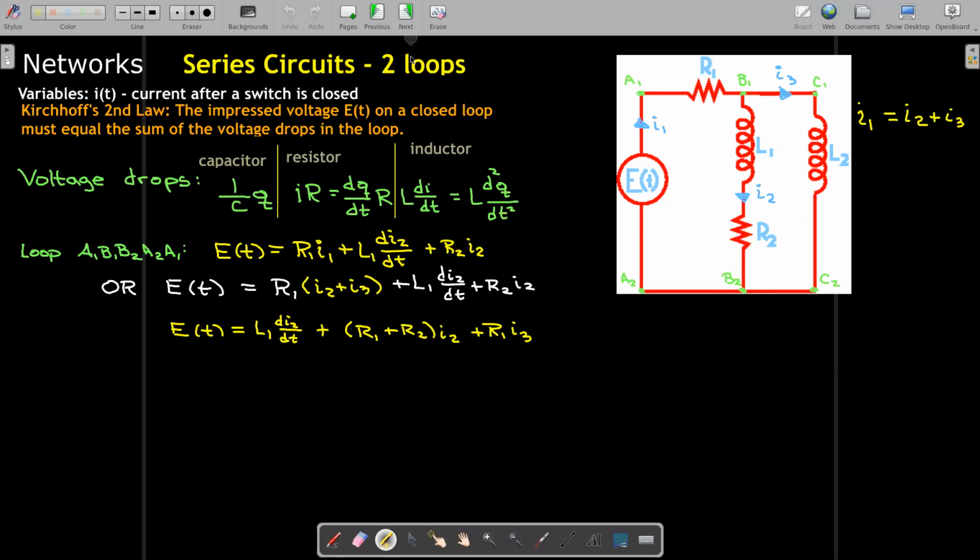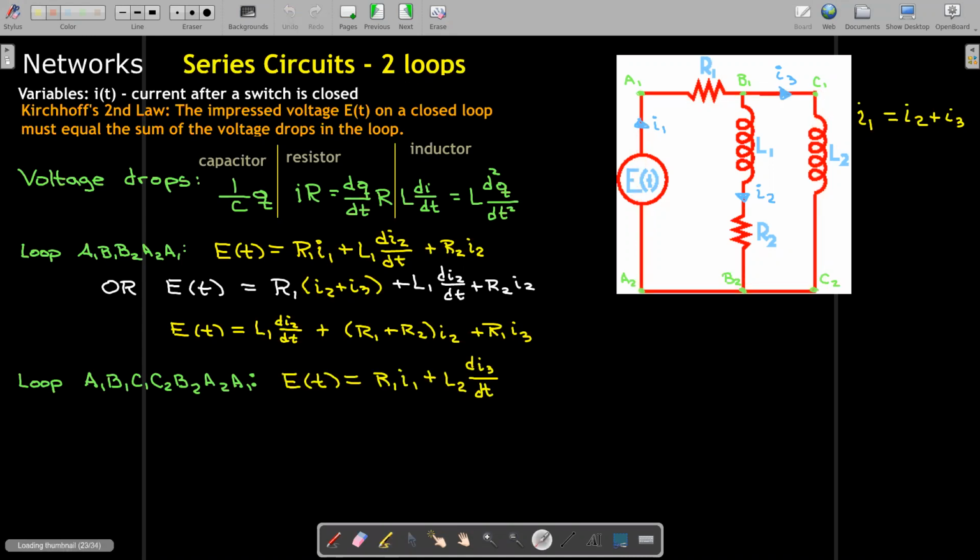Now the next loop we're going to take is the one that goes all the way around. So we're going to go from A1 all the way over to C1, down to C2, back over to A2, and back up again. We're going to do the outer loop here for our second equation. So what happens?